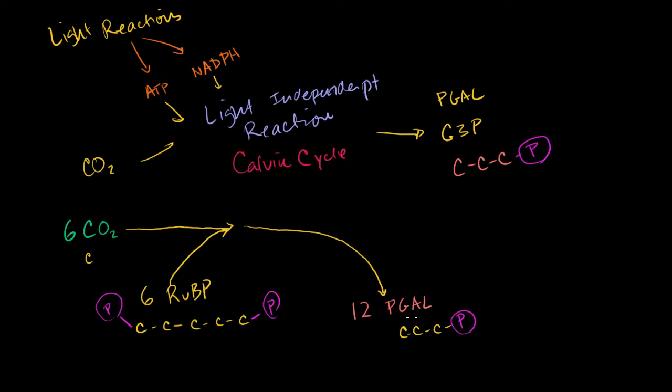Now, the electrons in this molecule are in a higher energy state than the electrons in this molecule. So we have to add energy in order for this reaction to happen. This won't happen spontaneously.